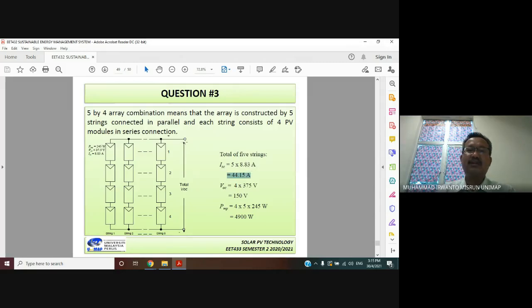And then the total open circuit voltage at these two points follows the total voltage of each string.